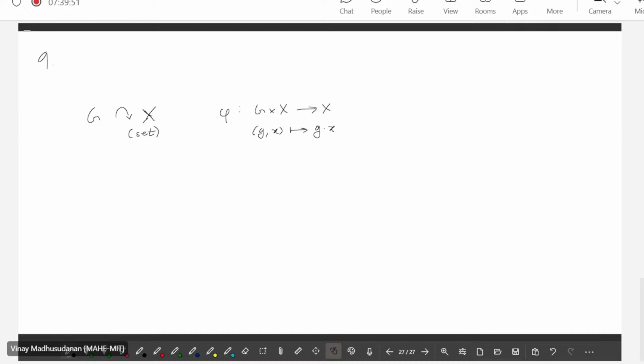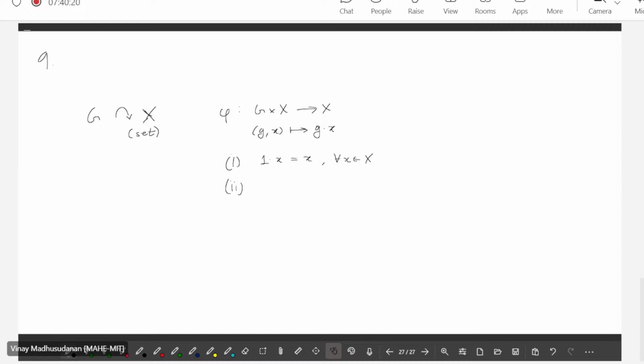Okay, so we say that G acts on X if there is such a mapping satisfying the following properties. First property is that 1 dot x is equal to x, or e dot x is equal to x for all x. I'll try to refer to the elements of capital X as points and group elements as elements. Okay, so it is acting on a set of points. Think of it like that. Very common examples are geometric.